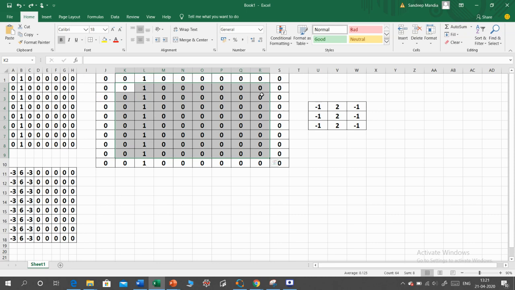That means all the boundary columns are extended, and here also the rows are extended. So by repeating the boundary rows and columns, I have done the padding in this. And why did I do the padding?